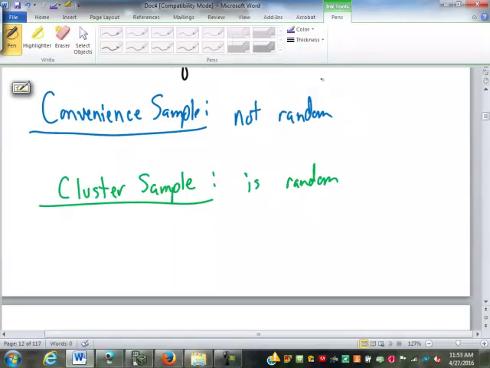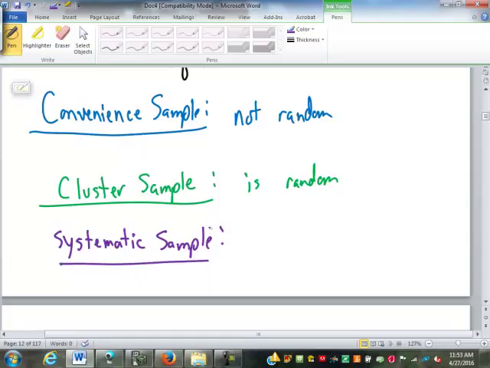Another valid method is something called a systematic sample. Systematic sampling is used a lot in manufacturing, like the example I gave you about the aluminum soda cans. Let's say we decide we need to test every 100th can.